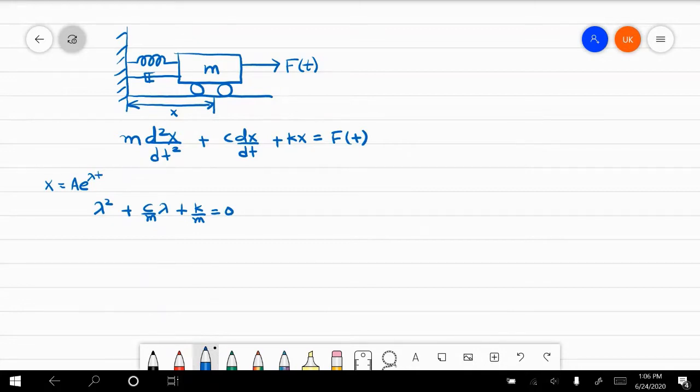And this is a quadratic equation, and as you know, the quadratic equation has two solutions. The solution to this equation is, there are two solutions, λ1 is one solution and λ2 is another solution, and it is −c/2m ± square root of (c/2m)² − k/m.